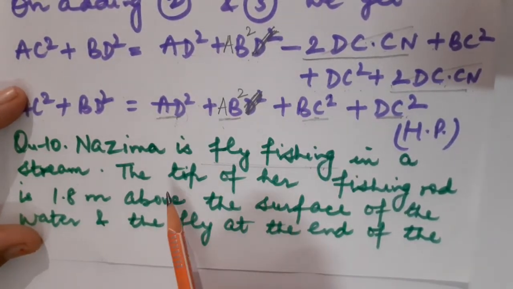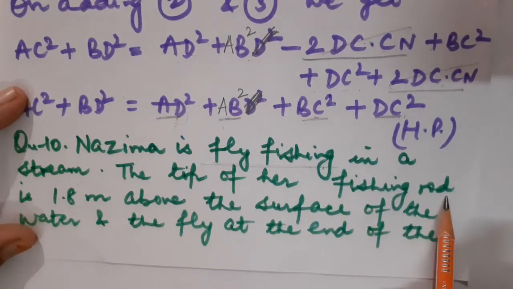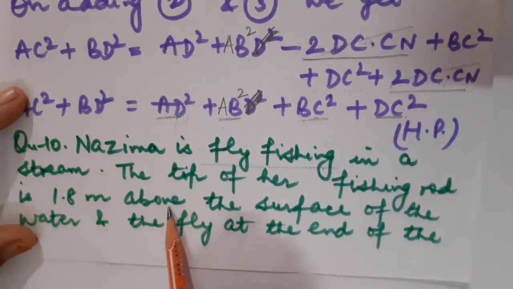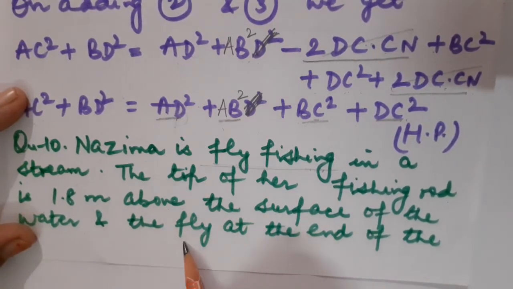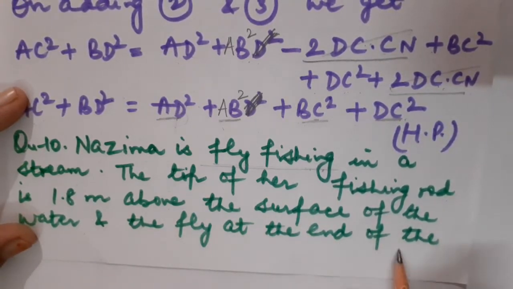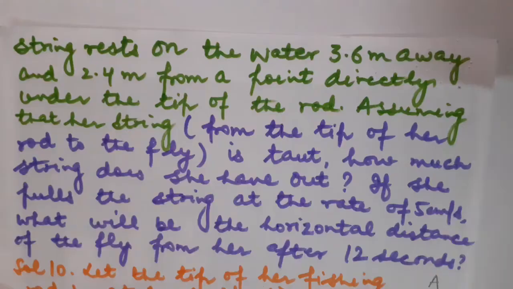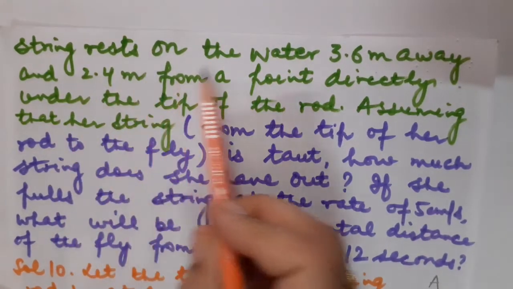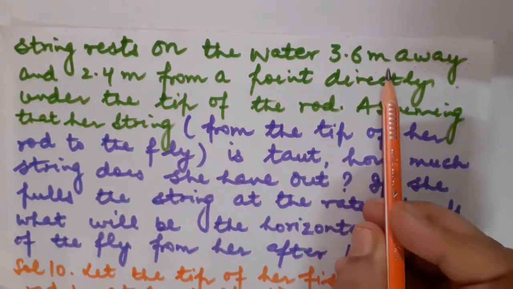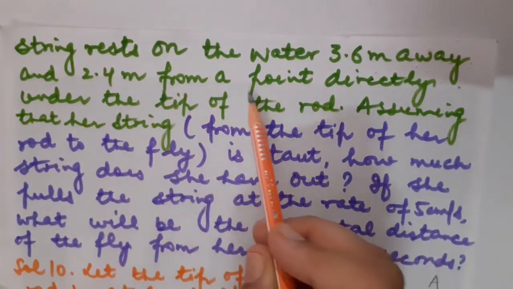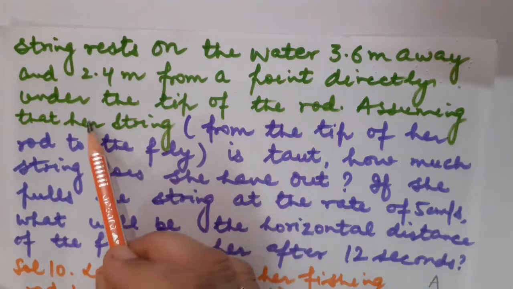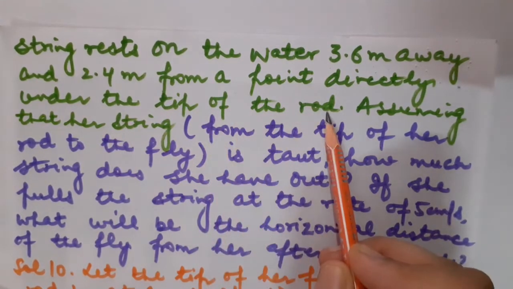Clear? So the tip of her fishing rod is 1.8 meter above the surface of the water, and fly at the end of the string rests on the water 3.6 meter away and 2.4 meter from a point directly under the tip of the rod.